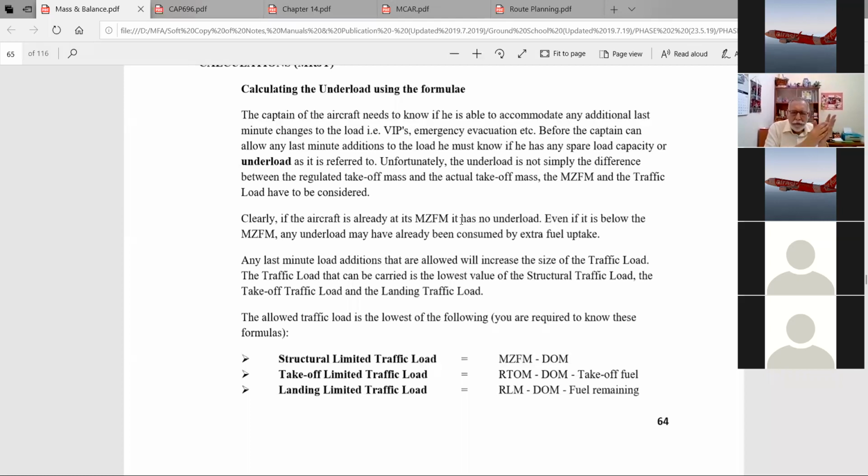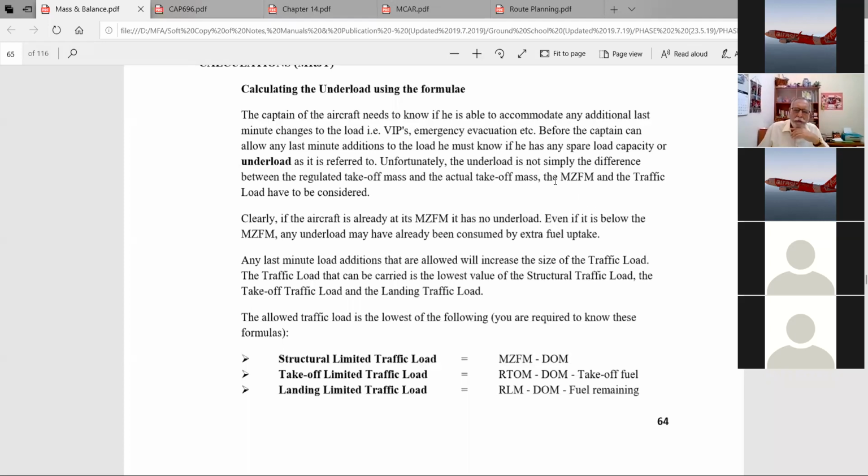So even if it is below the maximum zero fuel mass, any underload may have already been consumed by extra fuel uptake. So at any stage, the captain must know what is the underload available. And for that underload, it is not just a calculation of difference between the regulated takeoff mass and actual takeoff mass.